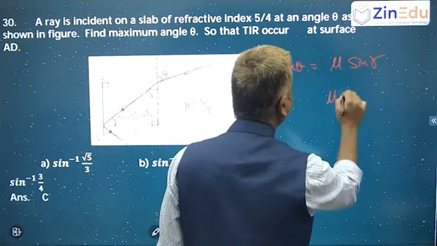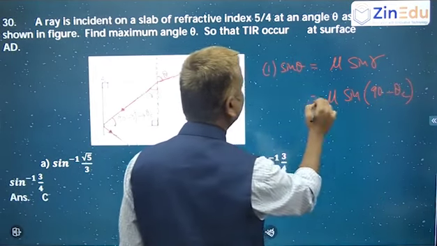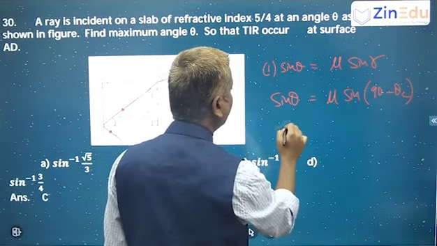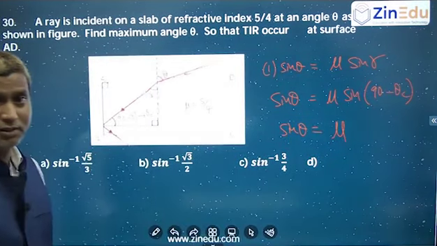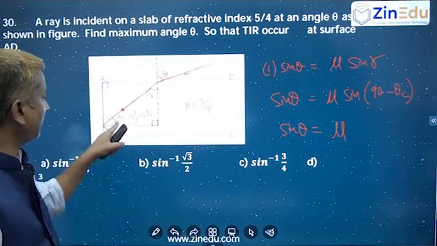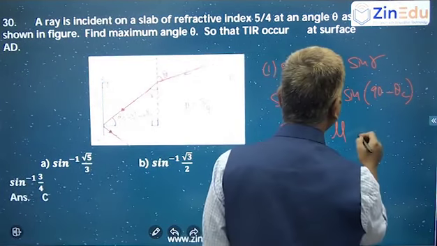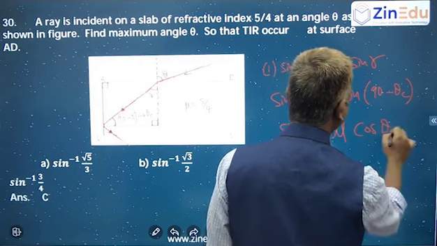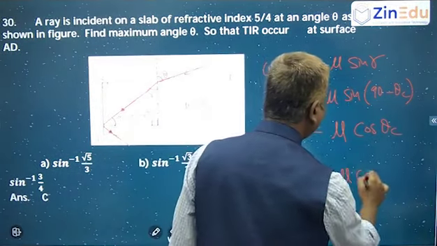So nu into sine of 90 minus theta c; sine of 90 minus theta c is cos of theta c, because at a particular value of theta, the maximum value, this will become the critical angle. That is the meaning. So sine theta is equal to nu into cos of theta c.